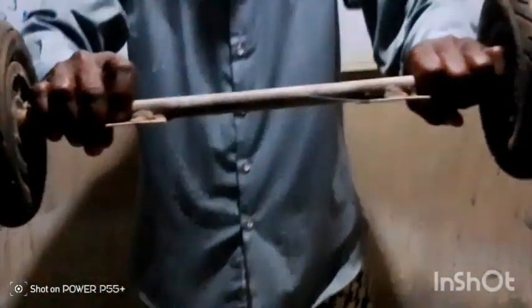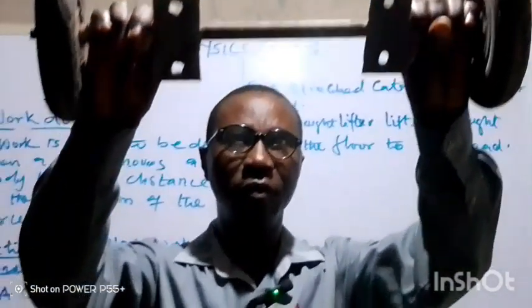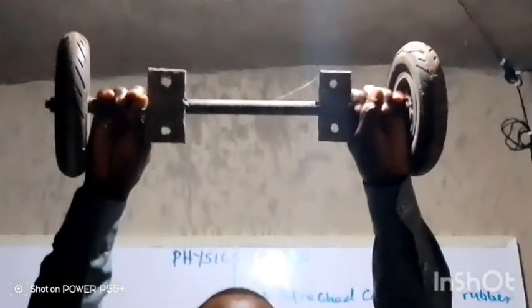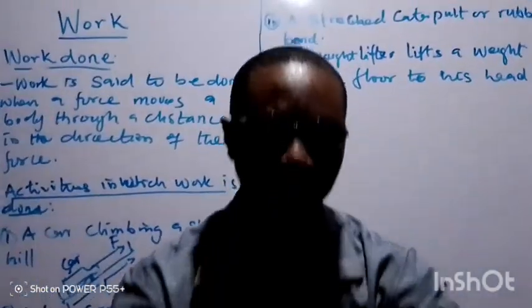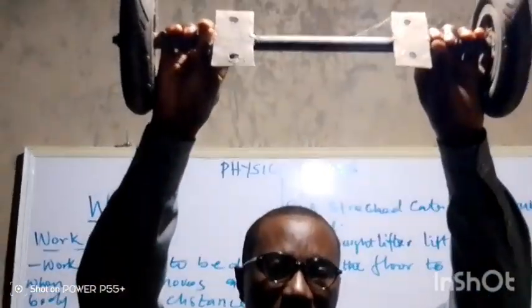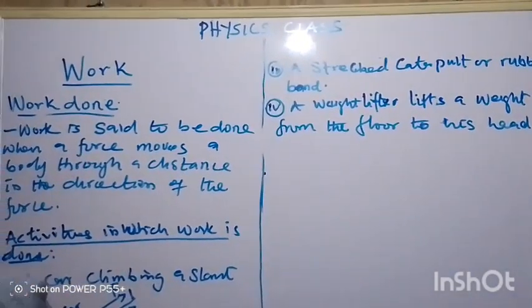And this is a weight. I want to lift this weight now. Work is being done as it covers a displacement from the floor, and force is applied. And since it's being lifted from the floor to the head like this, work has been done. That's another example of activities in which work can be done.